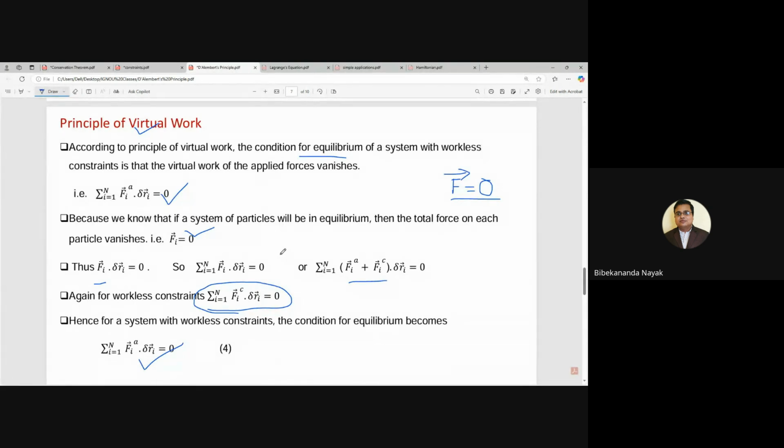D'Alembert tried to apply it to a dynamic system. For an equilibrium system, F is equal to 0. But for a dynamic system, a moving system, F is equal to how much? According to Newton's second law, F is equal to dp by dt, or pi dot.